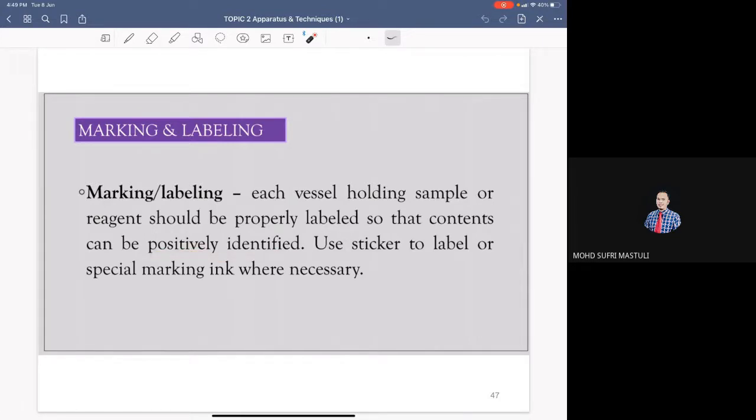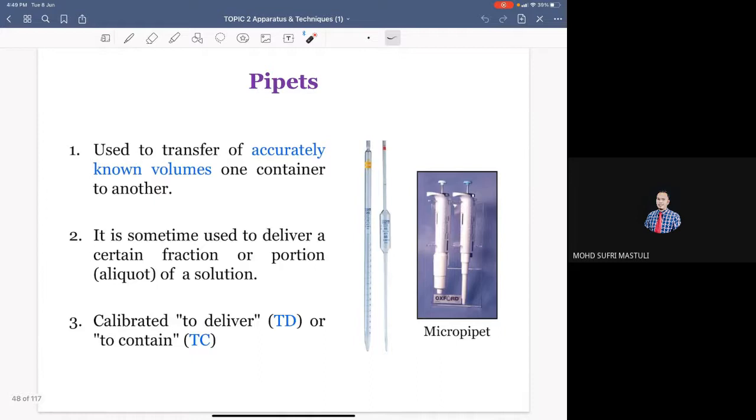We can use a sticker or label, or we can use a special marking ink where necessary. So now we will focus more on pipettes.